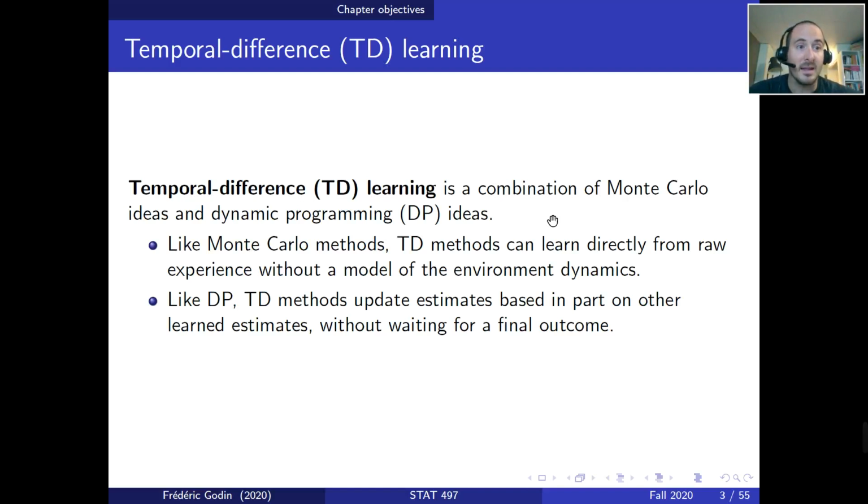We said that dynamic programming can only be applied if you know the transition function P, whereas in practice often you don't. TD methods again don't require knowing this function, which is great news because in practice it's often unknown.